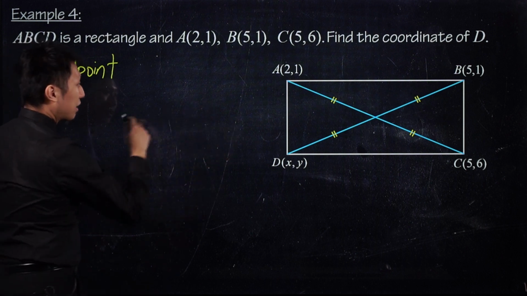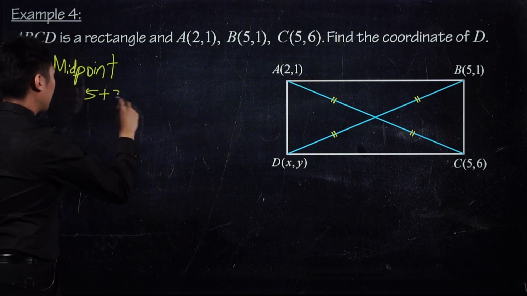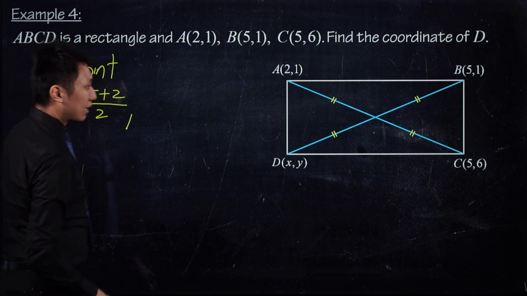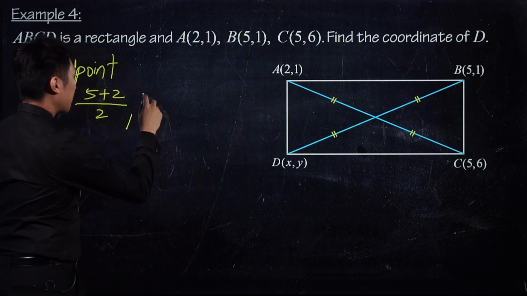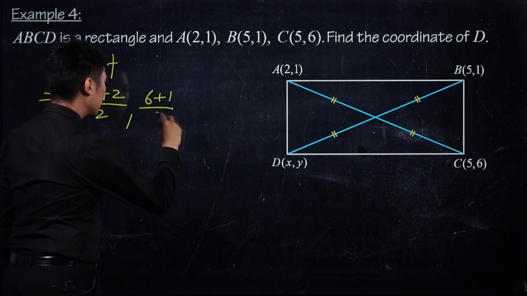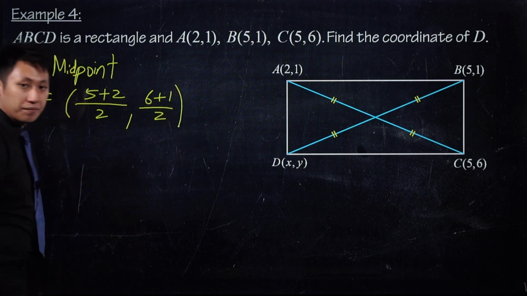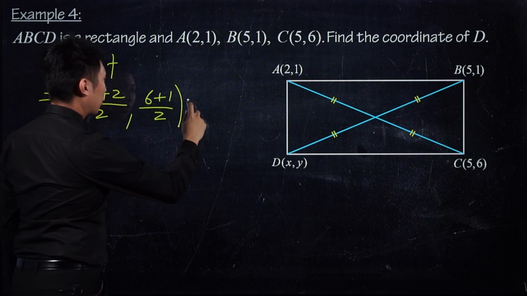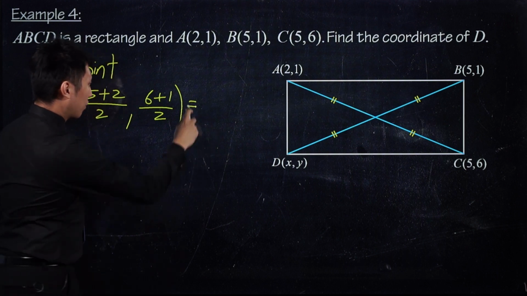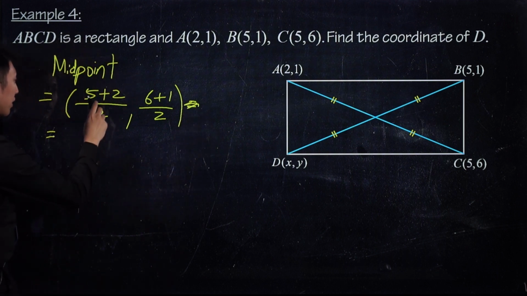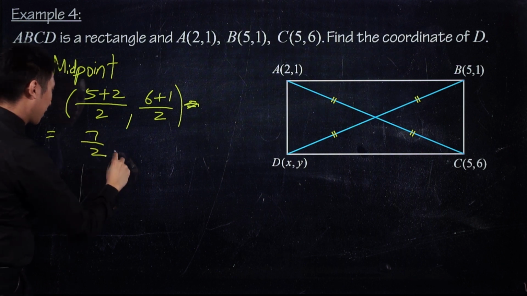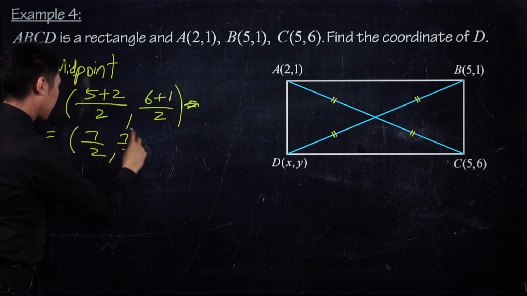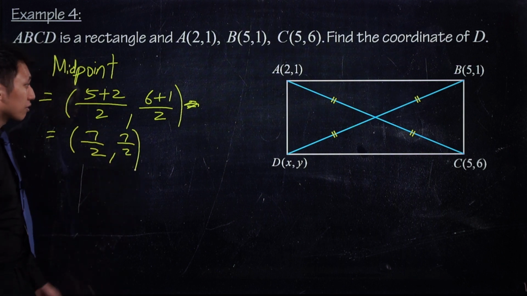So 5 plus 2, then divided by 2, and the other coordinate 6 plus 1 divided by 2. Okay, this is the midpoint. Sorry, this midpoint will be equal to 7 over 2.